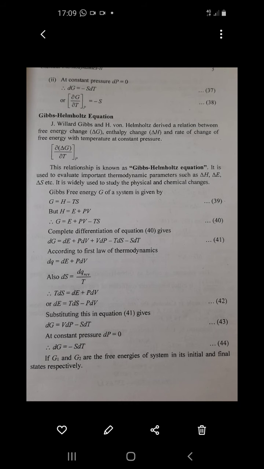Gibbs free energy is used to understand the change in enthalpy delta H, and how it is related to delta G. So we saw the equation of Gibbs free energy: delta G is equal to delta H minus T delta S. We also saw the Helmholtz free energy equation, which is related to change in internal energy delta E, and how that delta E changes.